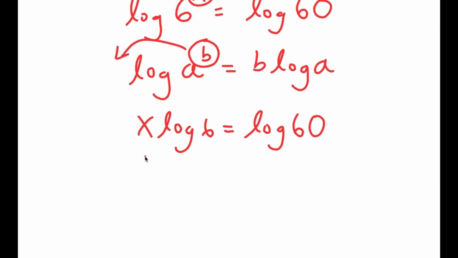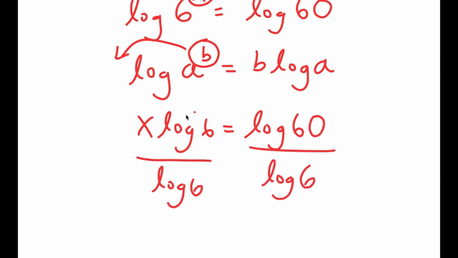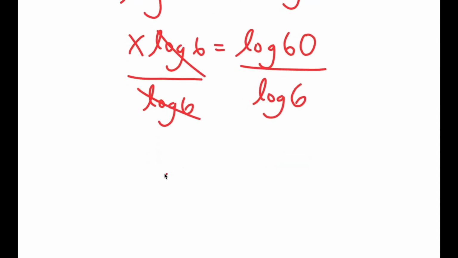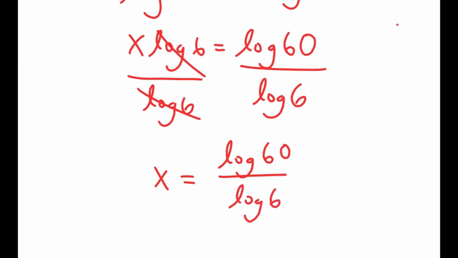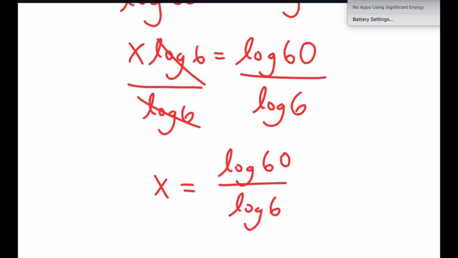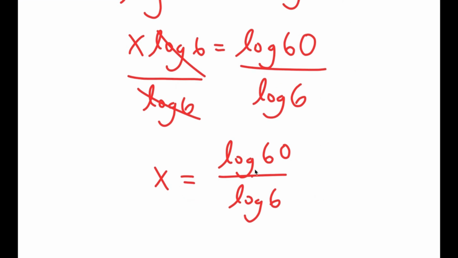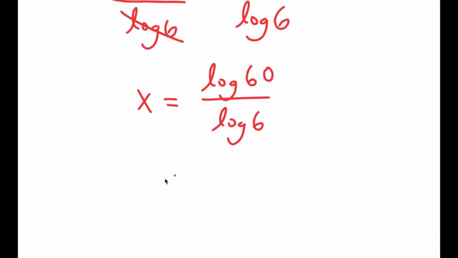Now from here, I'm going to divide both sides by log 6. So then these two cancel out, and I get x is equal to log 60 over log 6. So now from here, what I'm going to do is I'm going to rewrite log 60 as log of 6 times 10.